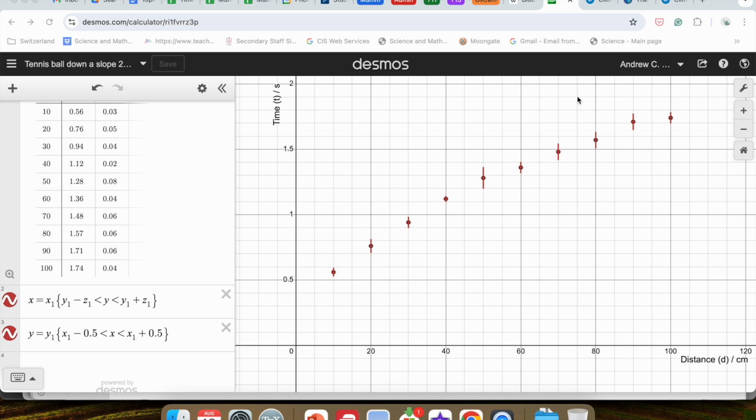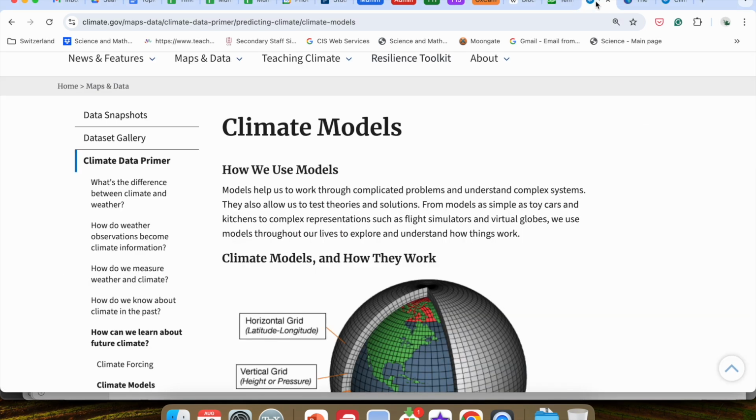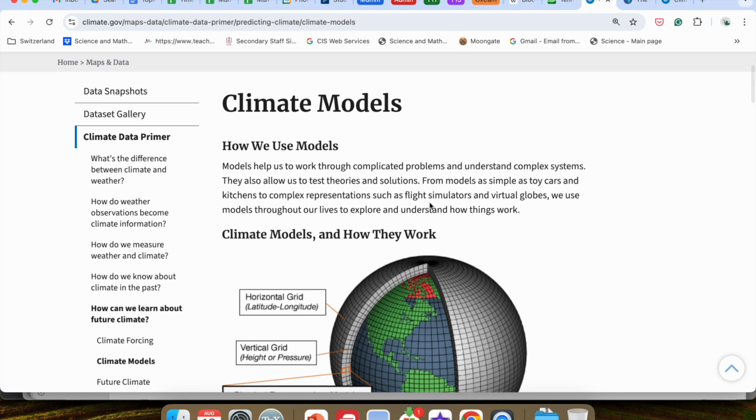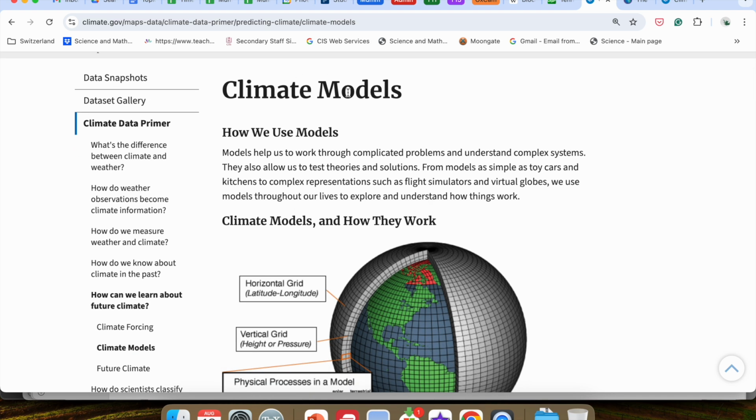And really, science is all about these models. They play a very important role. And here's one example of a very important model that everyone's talking about these days, these years, these decades, and that is a climate model.